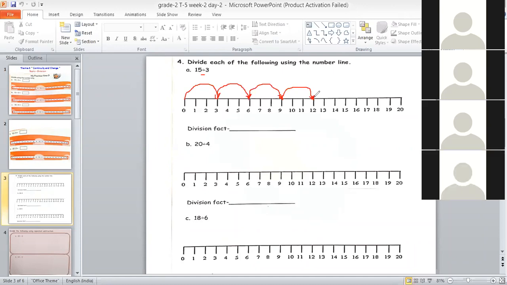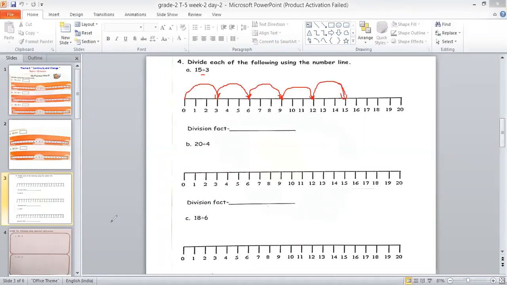After 12, if you are taking 3 steps forward, you will reach number 15. Now, Shri Hassan, you tell me how many steps we have taken to reach number 15. 5, ma'am. Yes, here we have taken 5 steps to reach number 15.